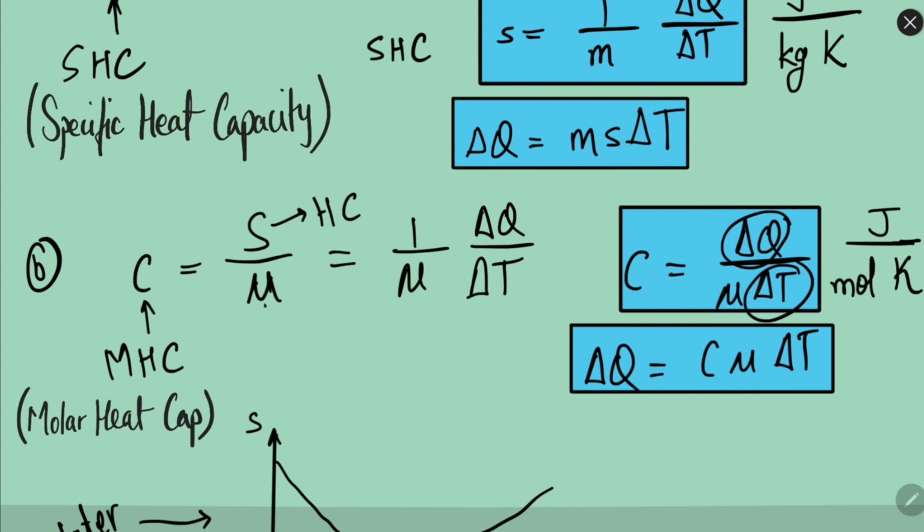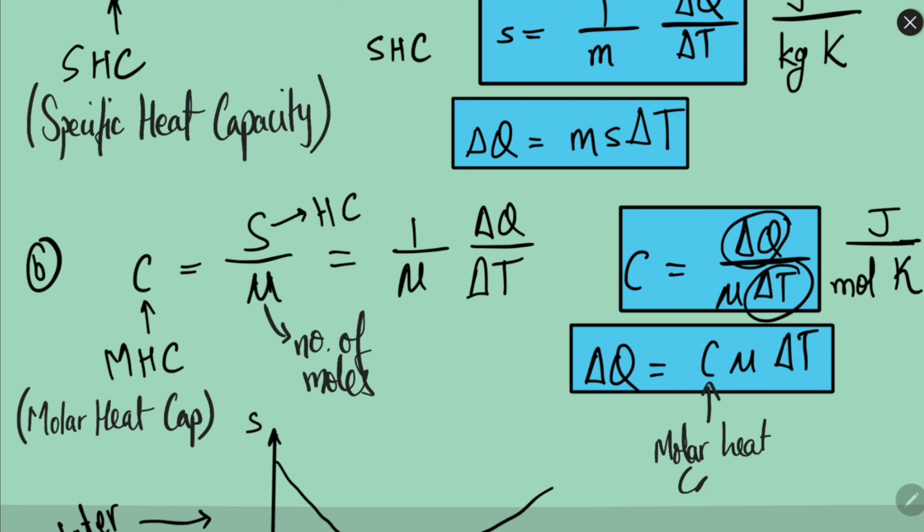This is the number of moles, sometimes represented by n and sometimes by mu. So it is quite simple again, you will have mu here, so ultimately del q will be C mu del T.